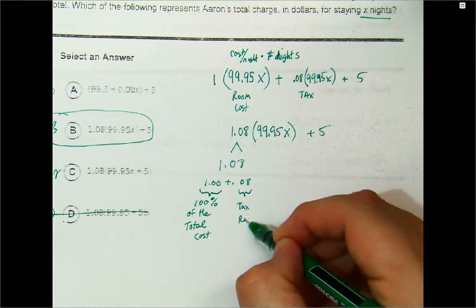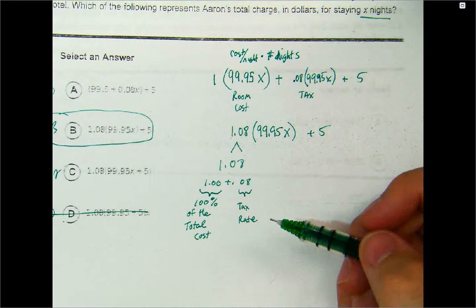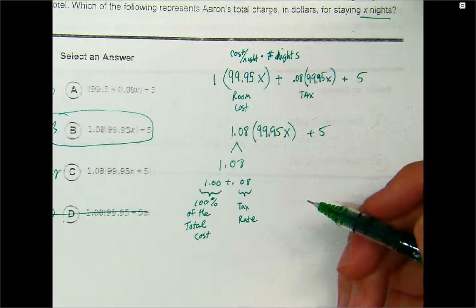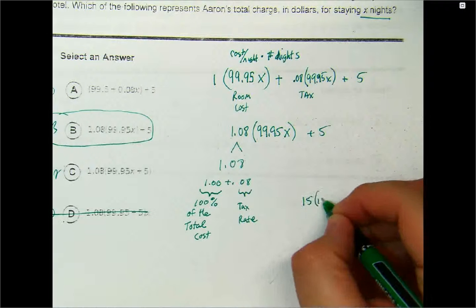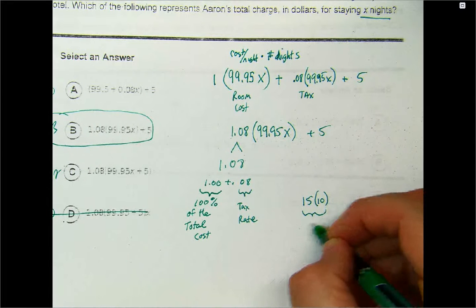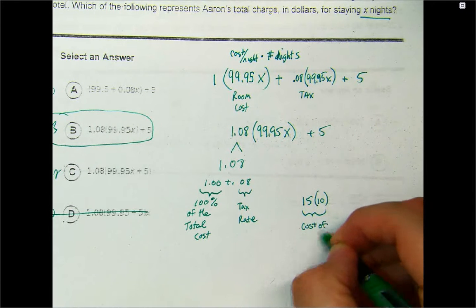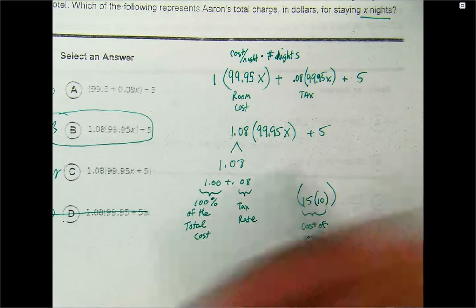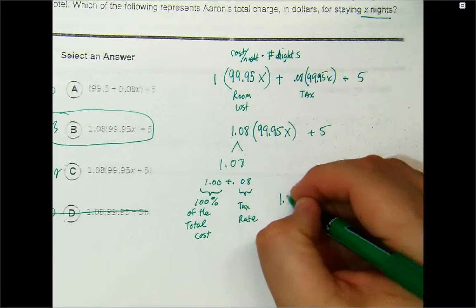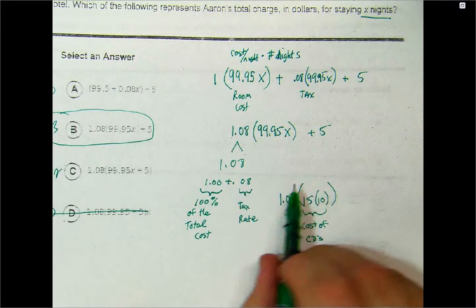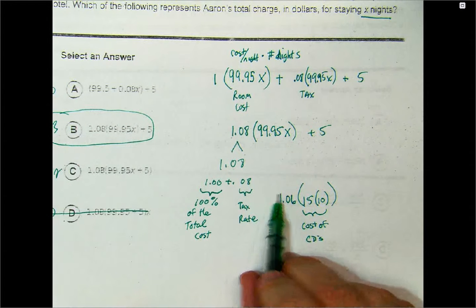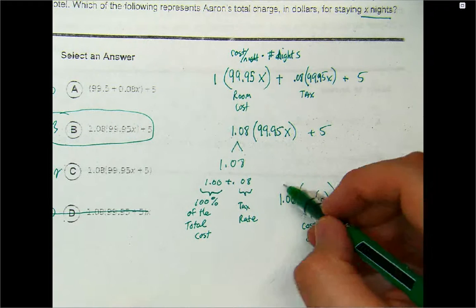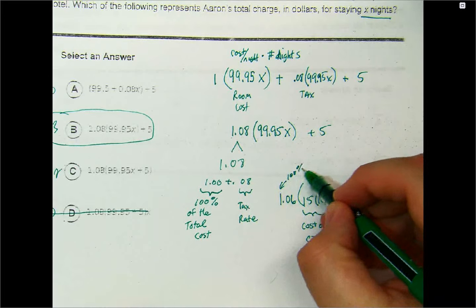Every single time, like if we're in Michigan and I'm buying 10 CDs at $15, it'd be 15 times 10. This is going to be the cost of the CDs. But then what the computer does at the register is multiply by 1.06, because it multiplies by 100% to give me the total cost, and then the 0.06 is the tax. So the 1 represents 100%, and this represents 6% tax.